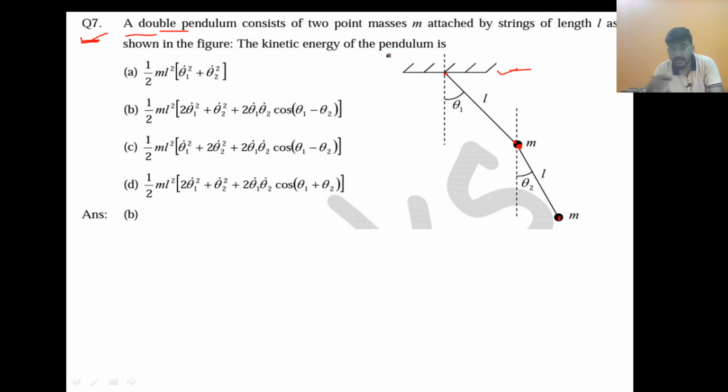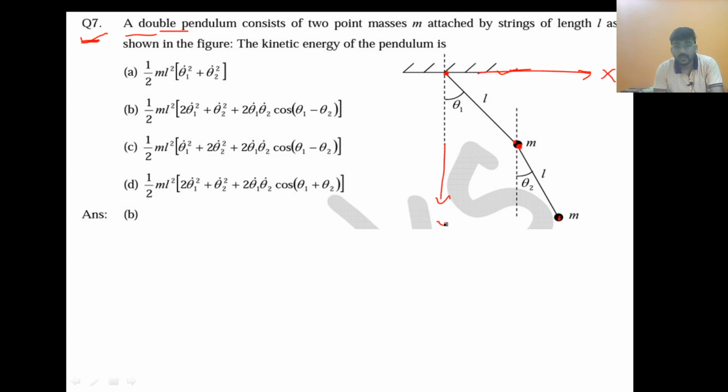So what will be the kinetic energy? As this is a pendulum oscillating in 2 dimensions, we have to choose 2 coordinates. Let me suppose that this is the origin of the coordinate system, with the x axis and the y axis.